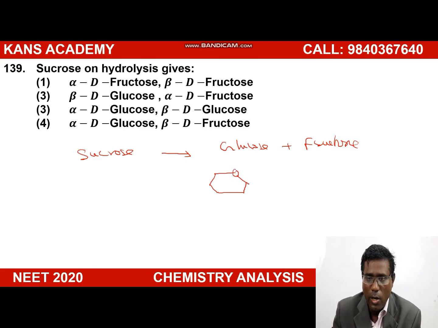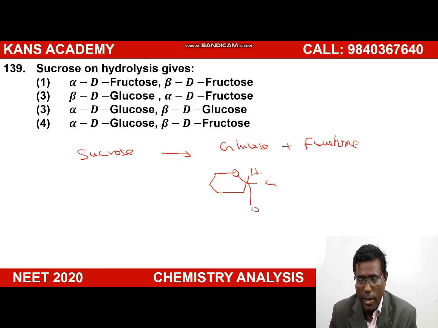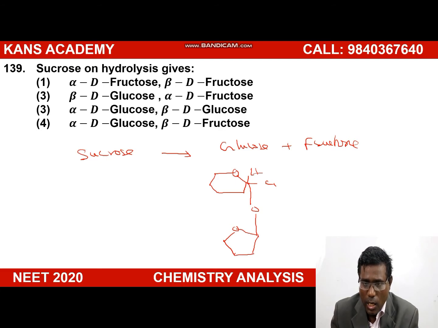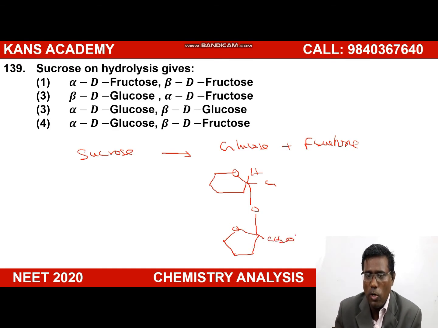Here you can put hydrogen, then this will be the O, then this O is attached to the furanose form of fructose, a cyclic 5-membered ring. So it has a carbon attached to CH2OH. The rest of the stereochemistry is established chemistry, so we don't need to bother about that.